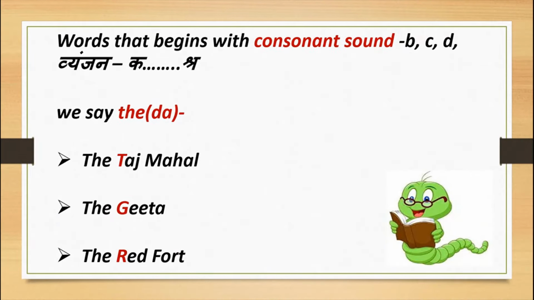Words that begins with consonant sound, that is b, k, d, etc., or else you can say vyanjan, we say the. For example, the Taj Mahal, the Gita, the Red Fort.